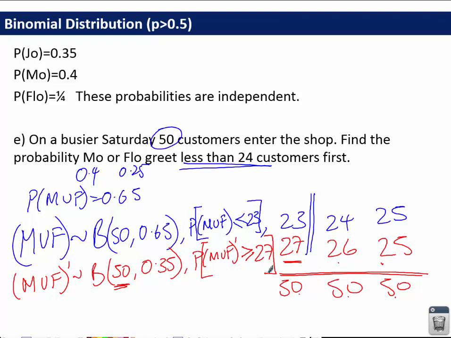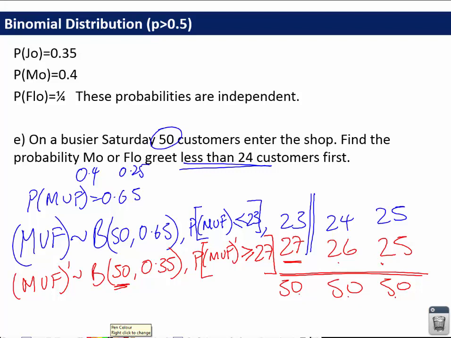Now, because this is a greater than or equal to, it gets a little more complicated again. We can't just go straight to our tables, we need to consider the opposite, only consider what's not happening.